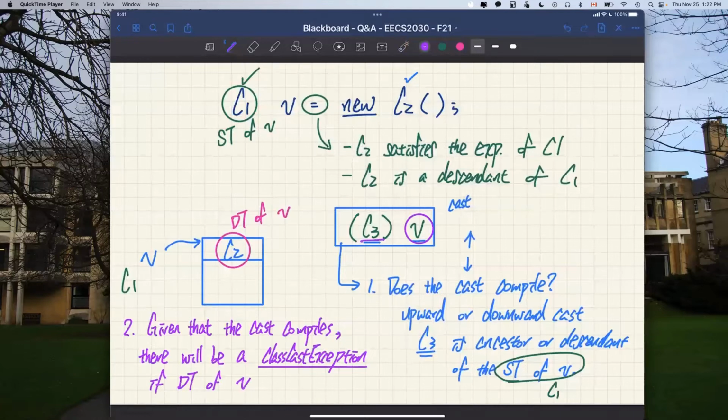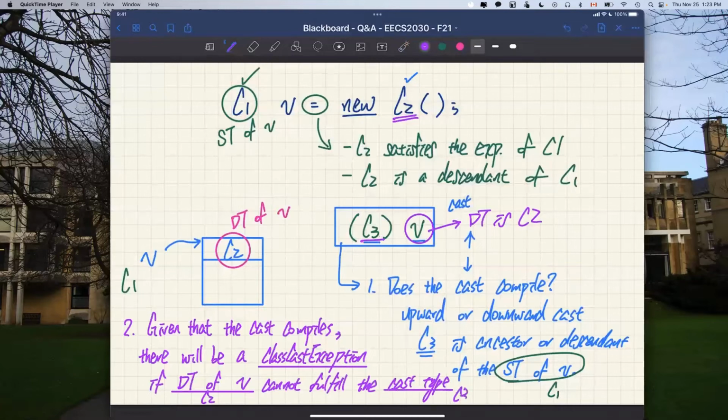V over here, we know the dynamic type is, at this point, C2. If the dynamic type of V, which is C2, cannot fulfill the cast type, and in this case we are casting V into C3.